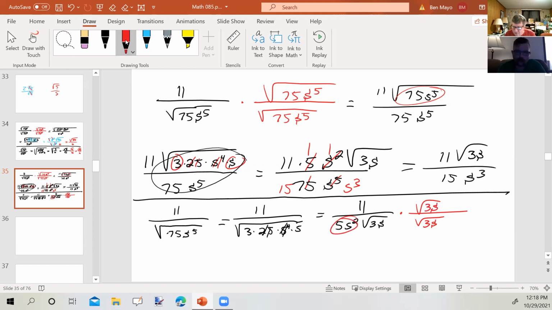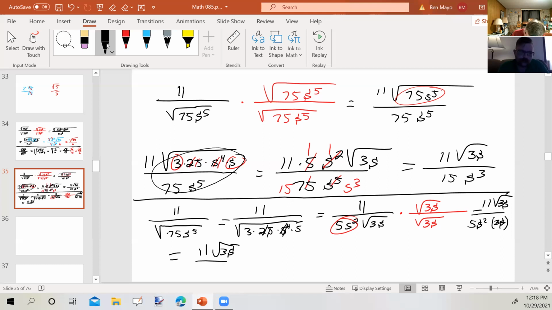In other words, this part, it's fine. So now this gives me 11 square roots of 3s over 5s squared times 3s, which is 11 square roots of 3s over 15s cubed.